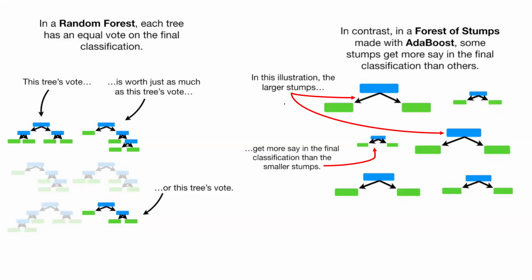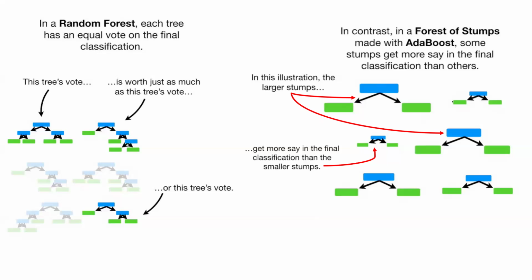Okay. Whereas in AdaBoost, that is not the same. In AdaBoost, some stumps will get more say. That means more weightage will be given to some stumps' output, whereas some stumps' output will be given little weightage. So we combine all that and come up with a particular number, and that say decides how we classify in AdaBoost. Just to illustrate, I have created this image a little larger when compared to this particular stump.